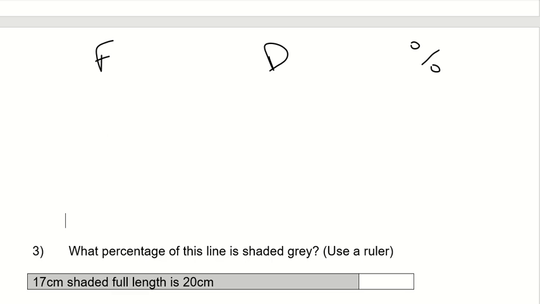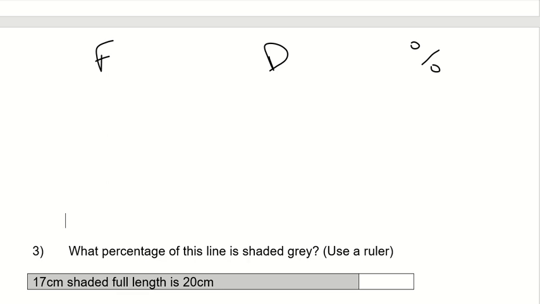So if we have two amounts, we should work out the fraction first, get the decimal answer, and then multiply the decimal answer by 100 in order to get the percentage.